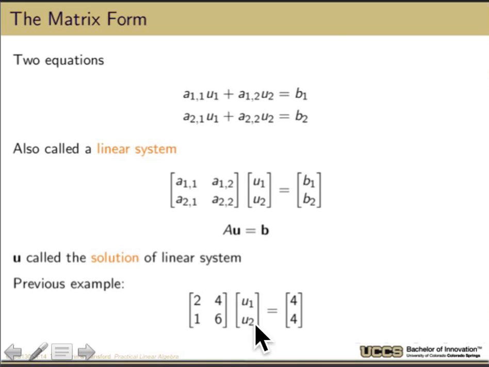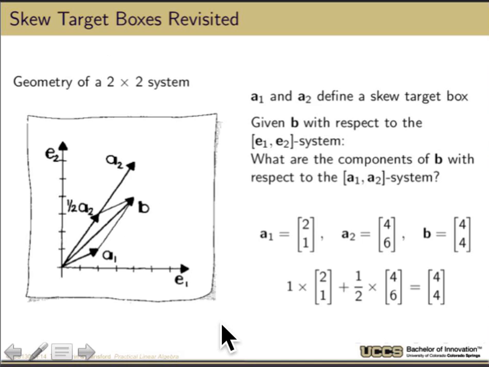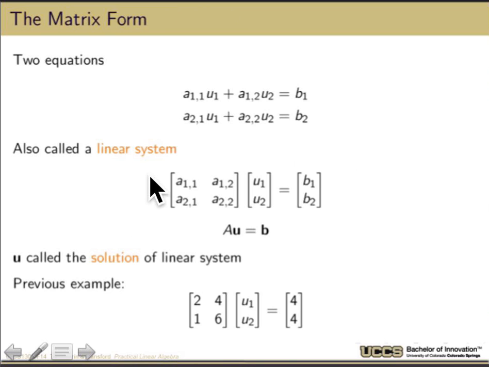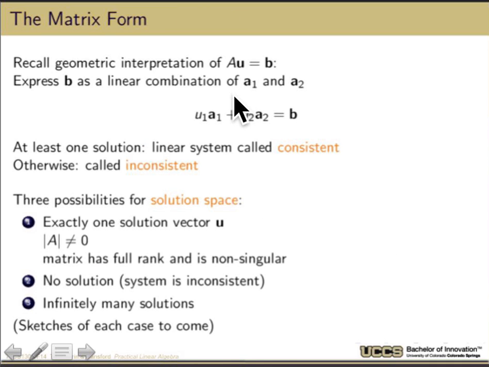In this matrix form, this column vector (2, 1) is A1. This column vector (4, 6) is A2. Again, if we go back to our graphics, A1 became the first column of our matrix and A2 became the second column of our matrix. So we're asking for that linear combination of the column vectors to represent b.